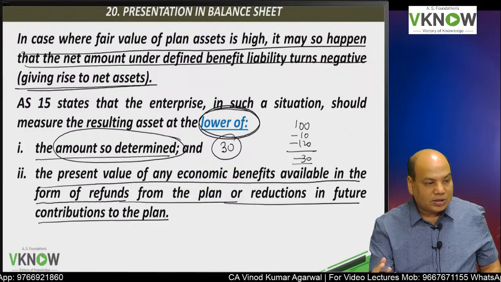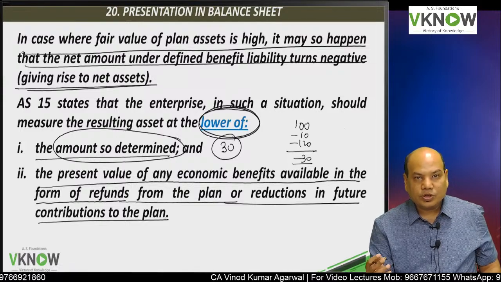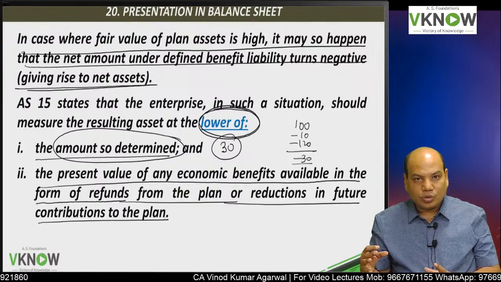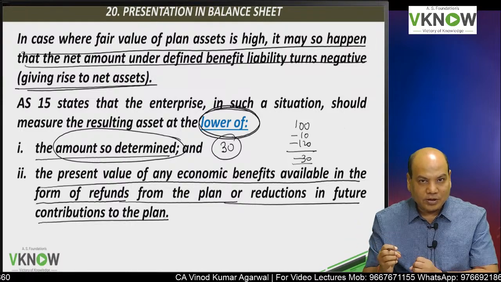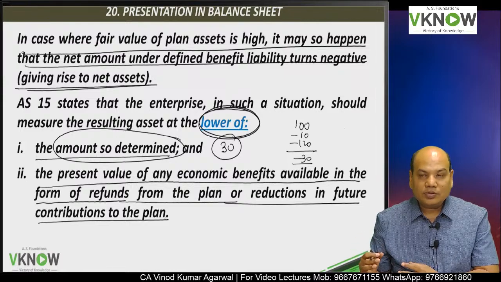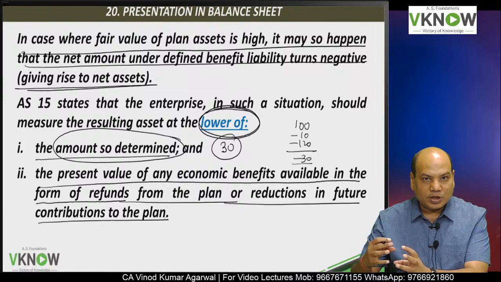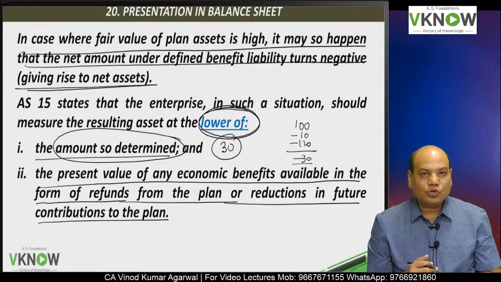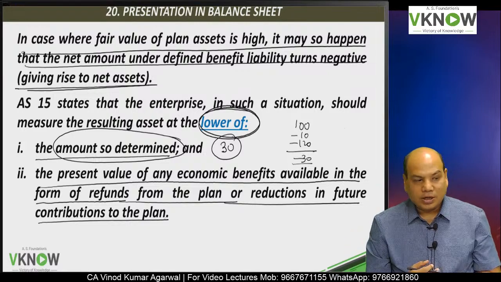You have made surplus investment. So you have to see, suppose I want to get the refund. Can I get the refund? Yes. Suppose I can use this surplus money to reduce my future contribution. Can I do that? Yes.